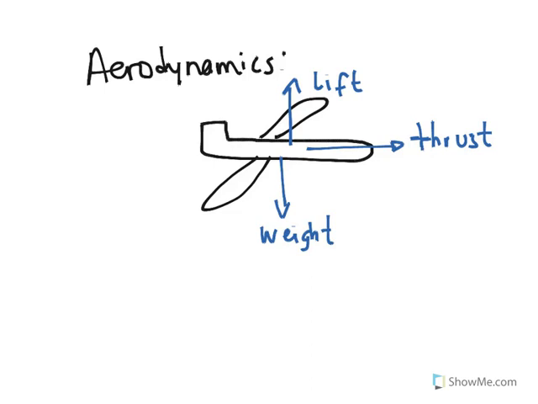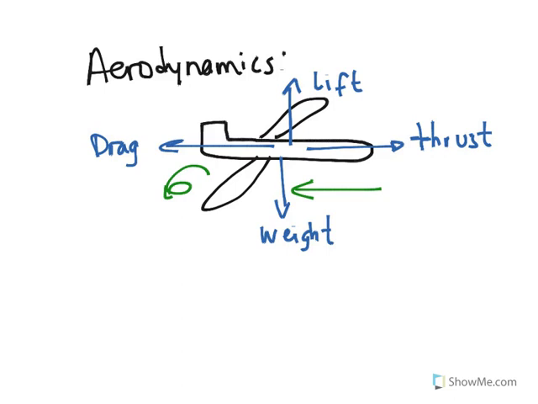And whenever there is thrust, lift, and weight, then the air that is moving against the airplane will start to generate vortices, and these vortices will generate another force that is called the drag force, generated by vortices of the air.